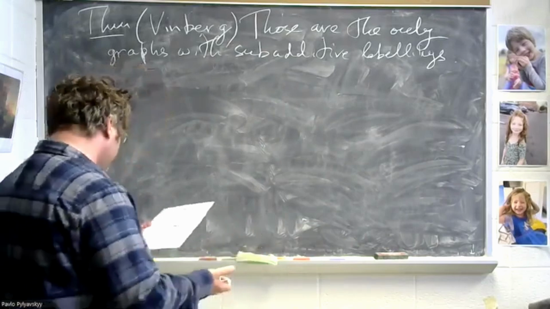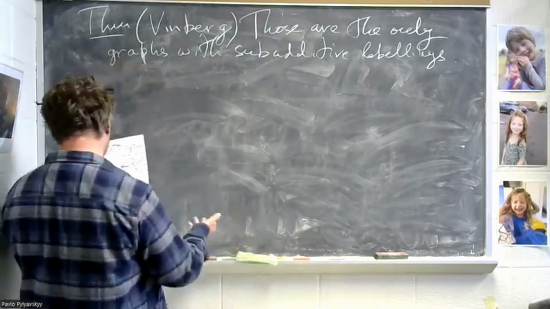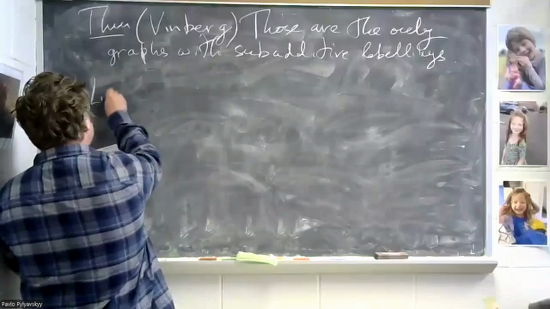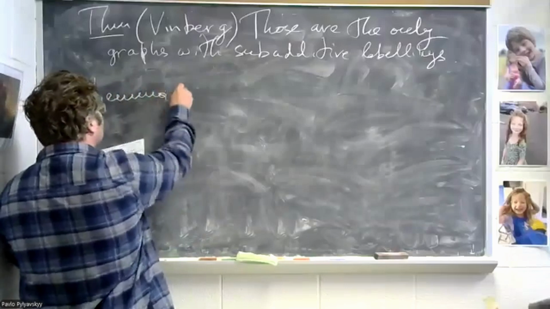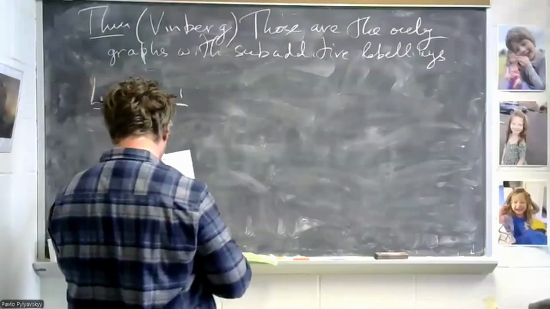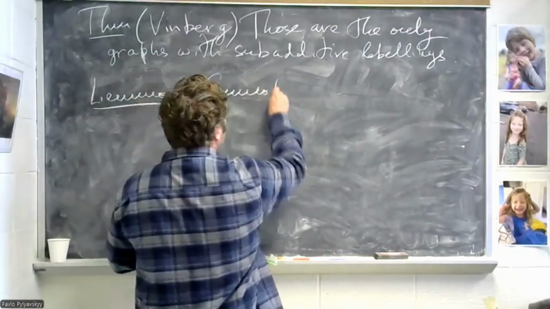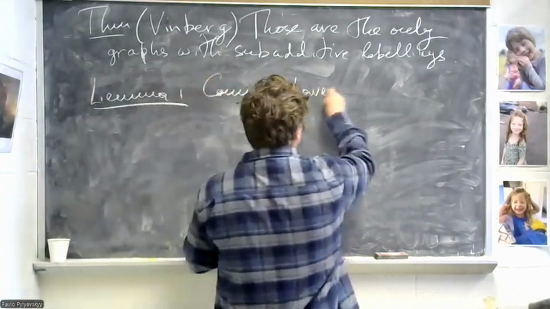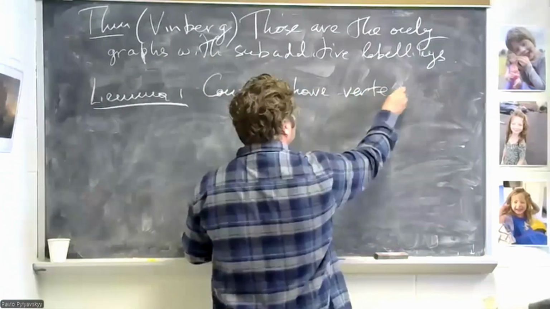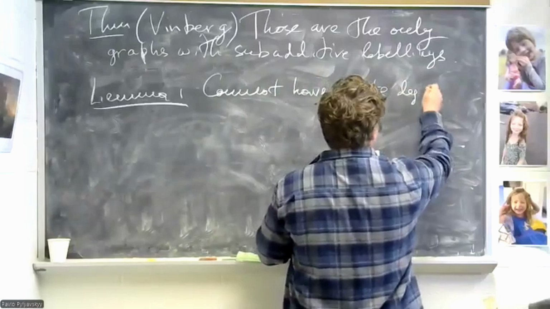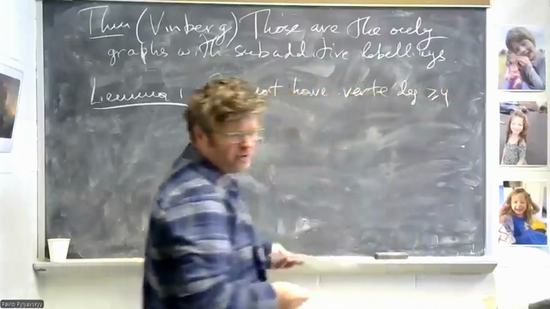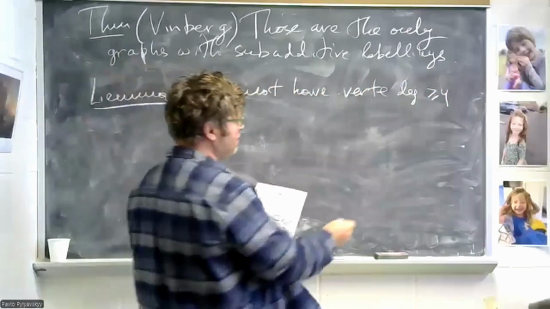Okay, so here's roughly how you would go with a proof. Lemma 1: a graph cannot have a vertex of degree at least 4. We kind of already proved it. Remember, I did this computation for you.